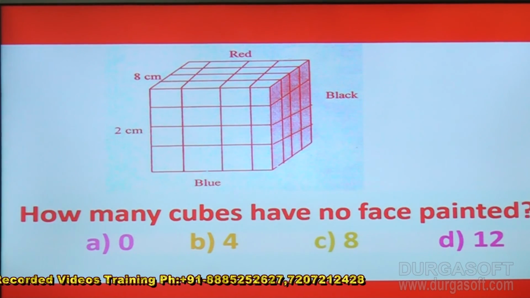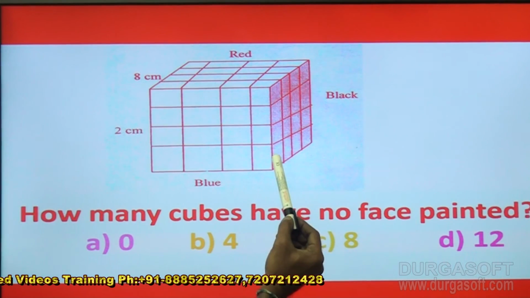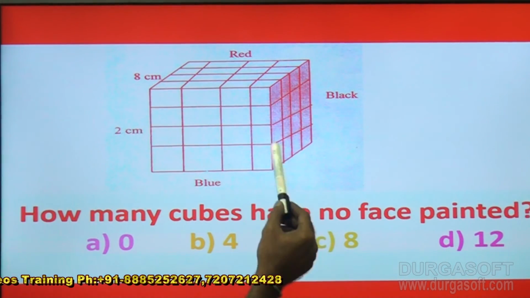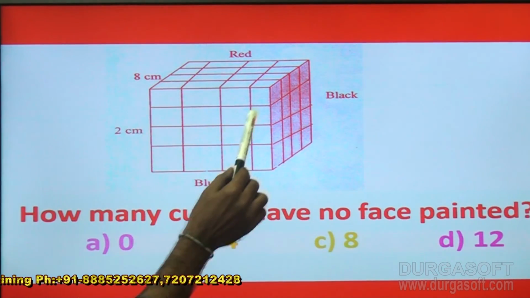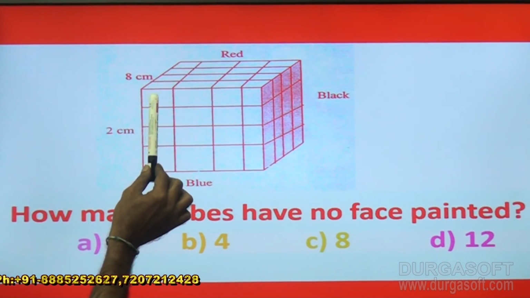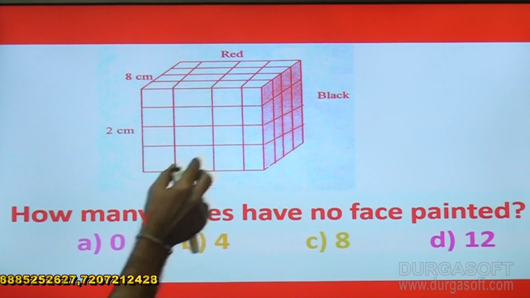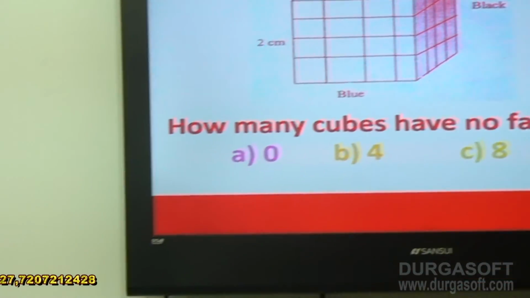How many cubes are there? 1, 2, 3, 4. 1, 2, 3, 4. 4 4s are 16. These 16 are painted on that side with black. So here 16, and I am taking this also. This is disconnected from this big cube. So here 16 and here 16. Total 16 plus 16, 32 are painted.